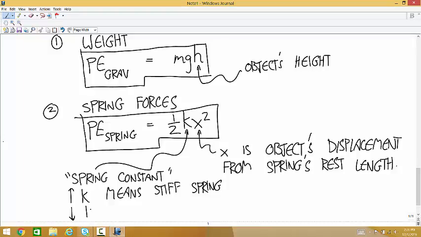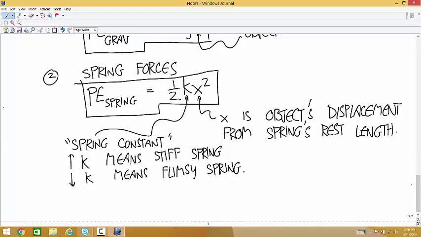And a low value of k means it's flimsy. It's easy to stretch, easy to compress. And the SI units for the spring stiffness are newtons per meter.